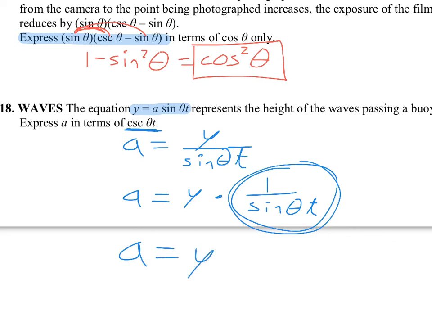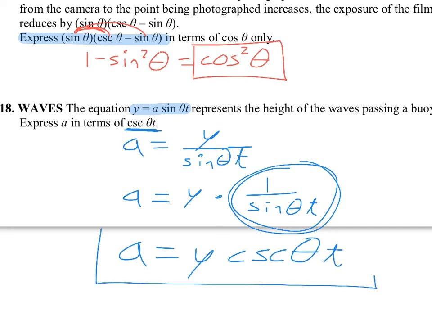So replacing the part I circled with cosecant theta times t. And now we've solved for a and put it in terms of cosecant theta t. Okay, that's it for the second half of 13.